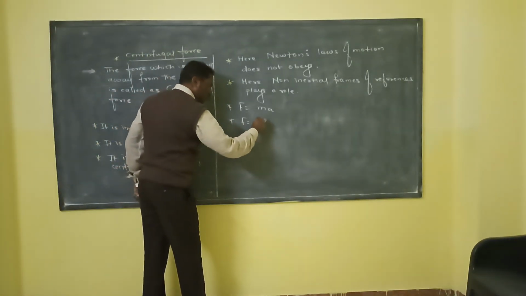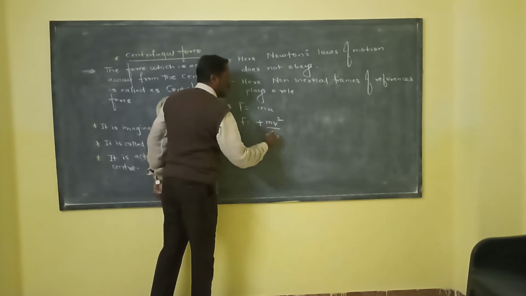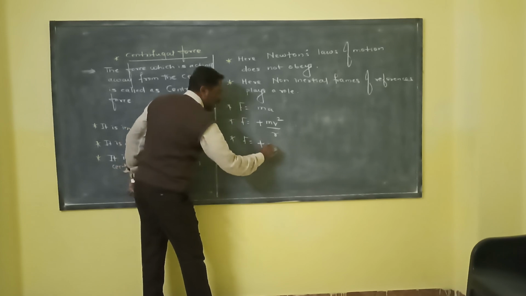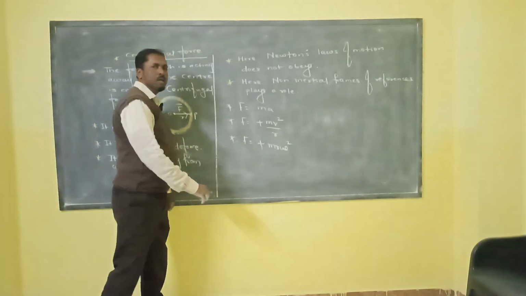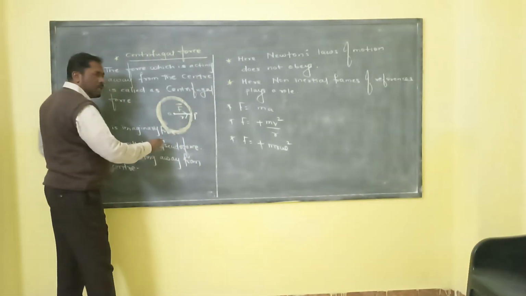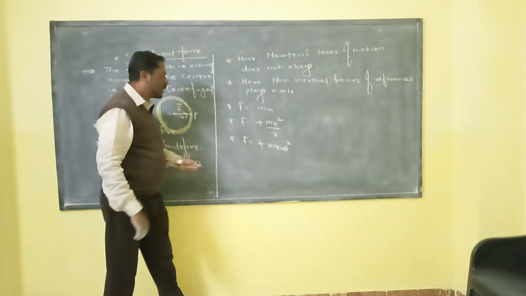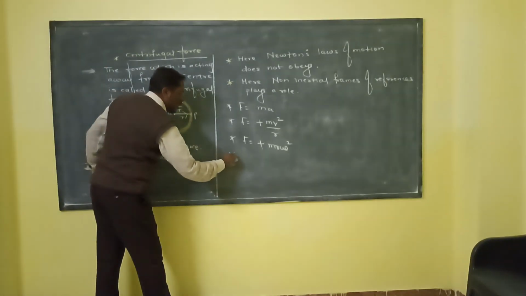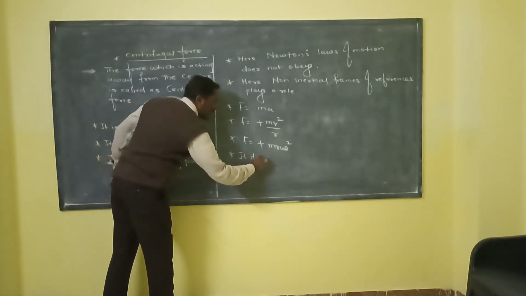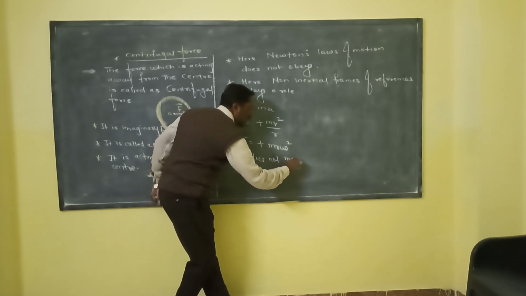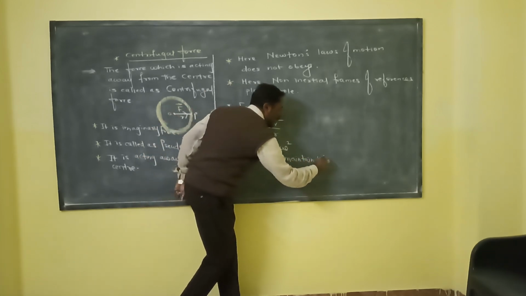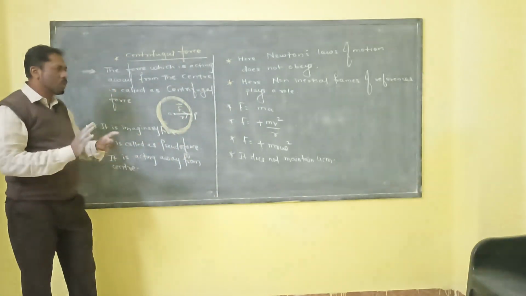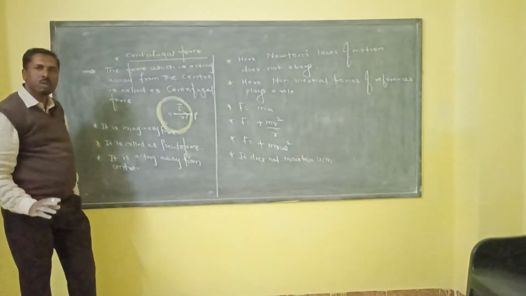Another formula, F is equal to plus mv square by r, and again F is equal to plus mr omega square. Why? Because it is acting away from the center, that's why we have represented a plus sign here. Centrifugal force does not maintain uniform circular motion.